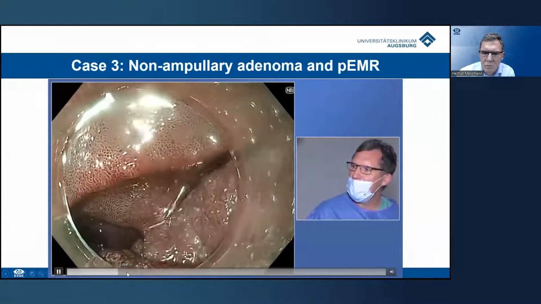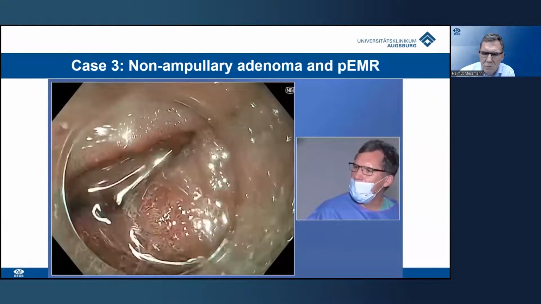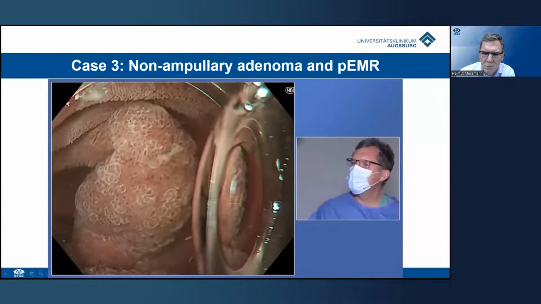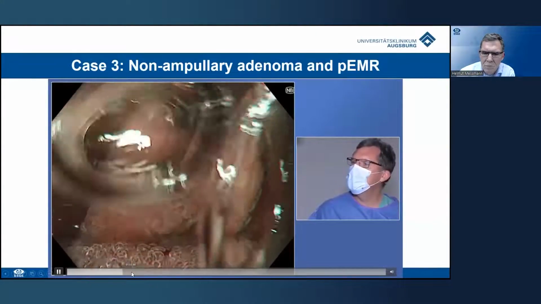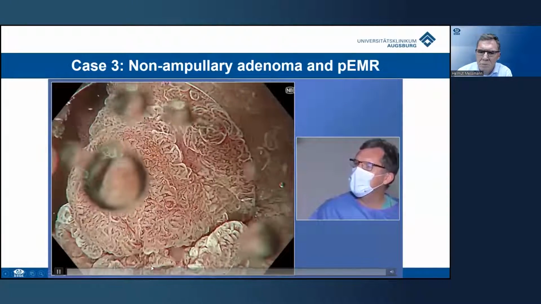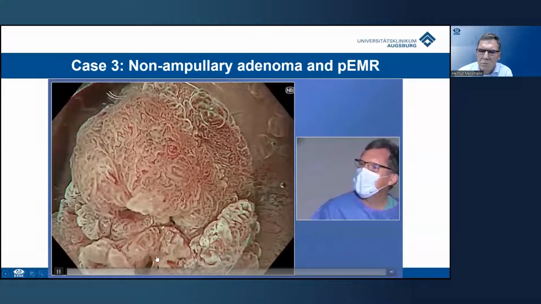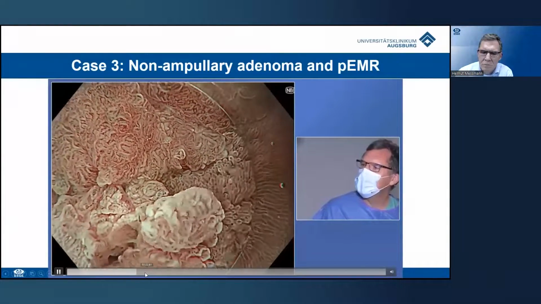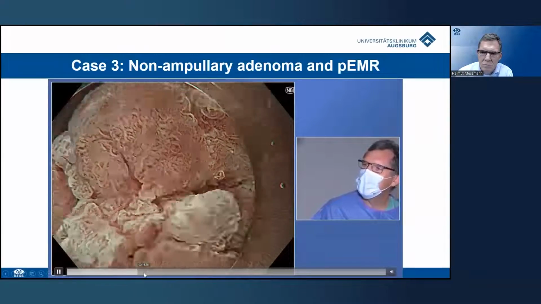Again, this central part seems to be crucial, whether there is cancer or not. Now using the zoom, we have the impression that this is an invasive cancer. But also by using underwater, you see the polyp is floating.